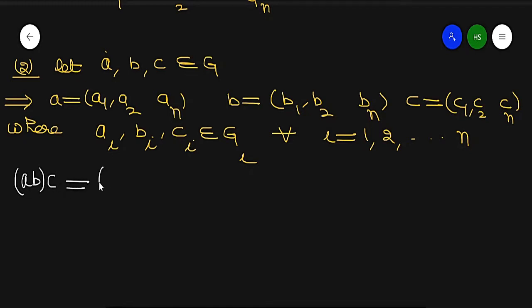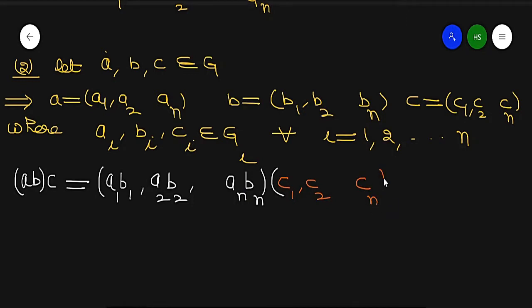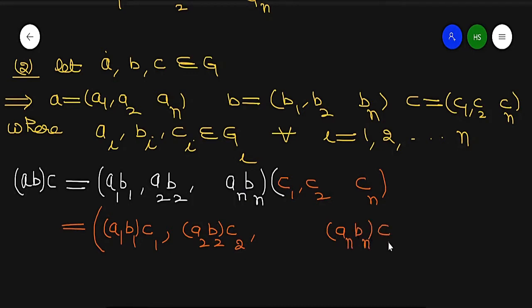What is ab? ab can be written as (a1b1, a2b2, ..., anbn), and this is multiplied by c, which is (c1, c2, ..., cn). Multiplying again with the binary composition, this can be written as ((a1b1)c1, (a2b2)c2, ..., (anbn)cn).